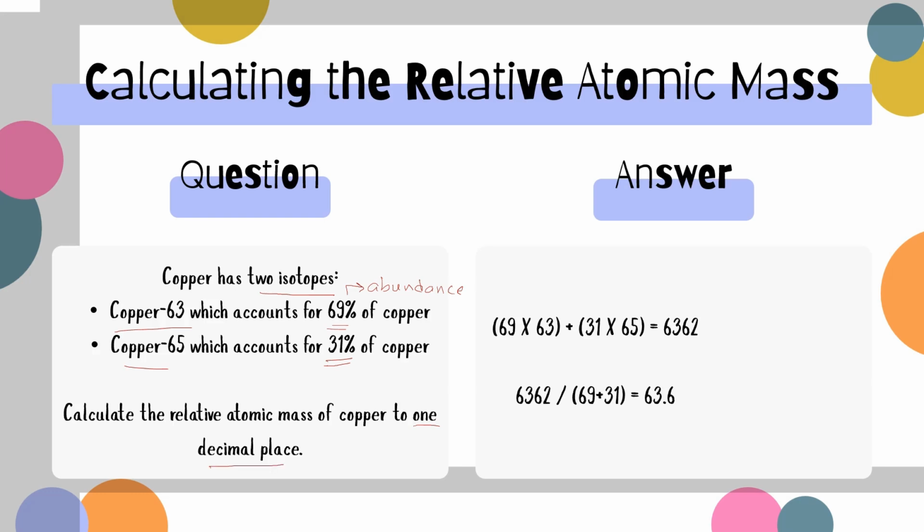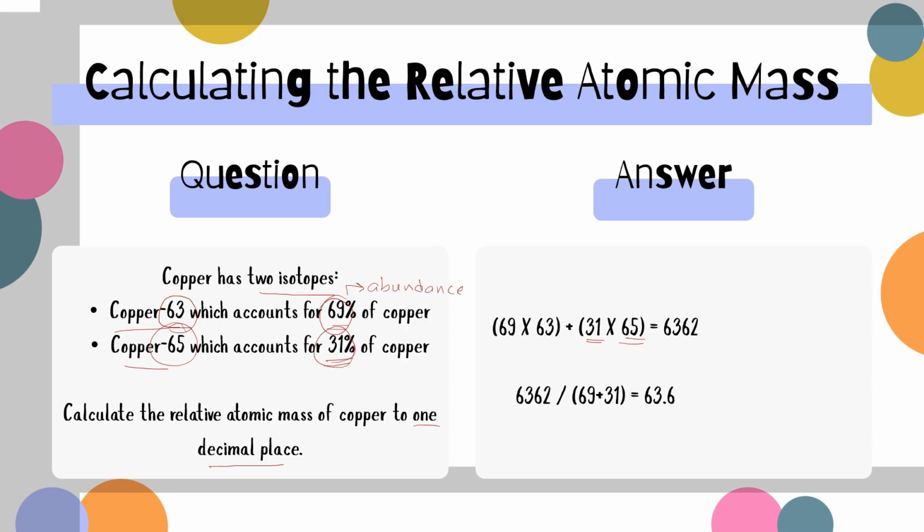First, we have to multiply 69, that is the abundance, with the mass number, that is 63. Summation, addition of abundance of the second isotope, that is 31, times mass number of the same isotope, 65.